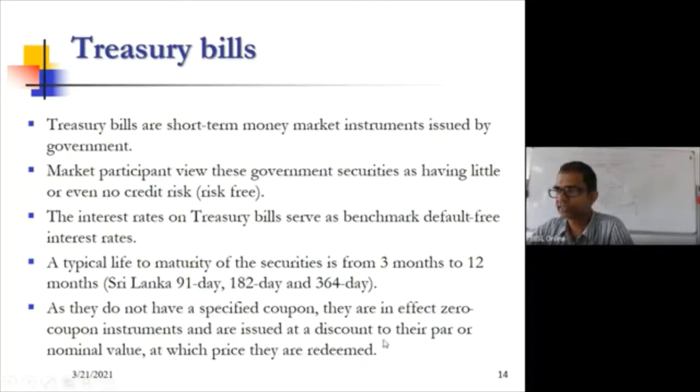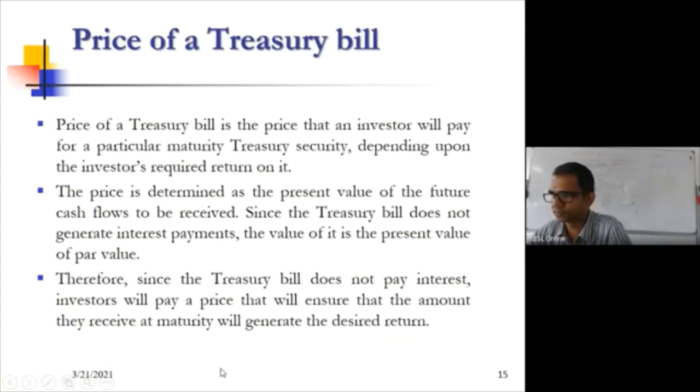So it is issued at a discount to its par or nominal value. What is the amount that you receive on the maturity date? That is the par value or nominal value. So originally it is issued at a discount, a price below the par or nominal value. What is the price of a treasury bill?